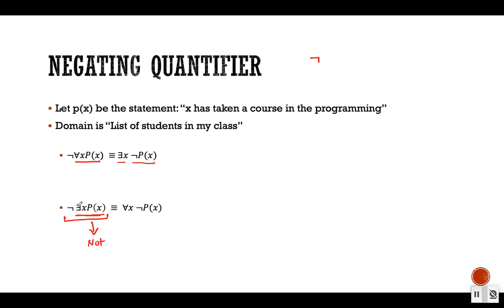By this we are saying that there are some students who have taken a programming course. So if we use the negation, that means there are no students who have taken programming.